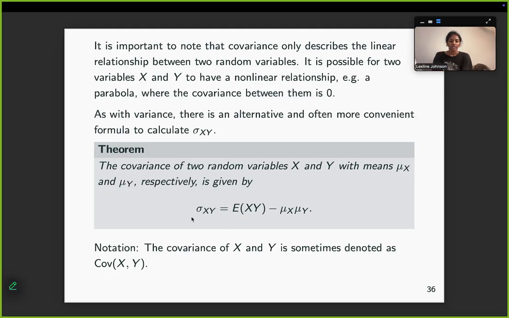It says that the covariance of X and Y is equal to the expected value of XY minus the expected value of X times the expected value of Y. Covariance can be written with the notation Cov(X, Y).